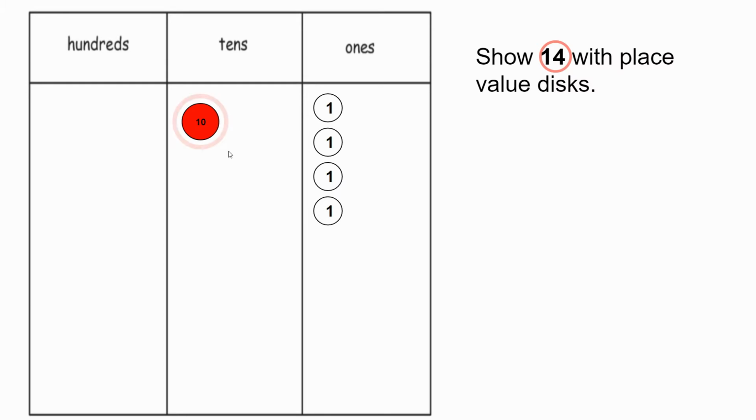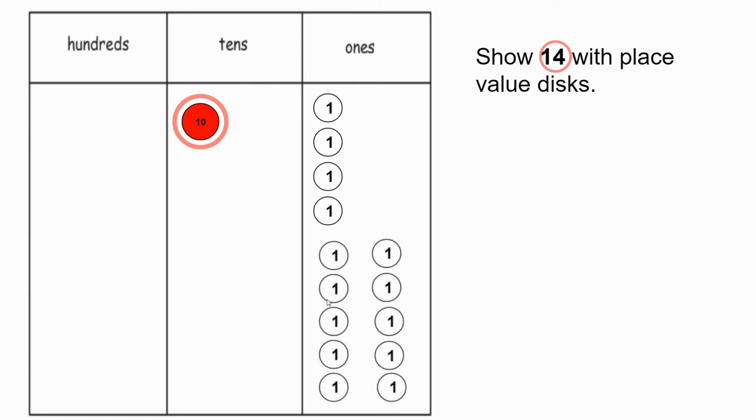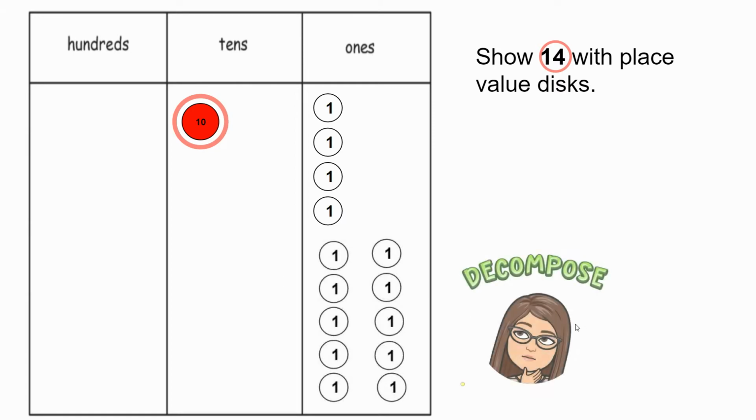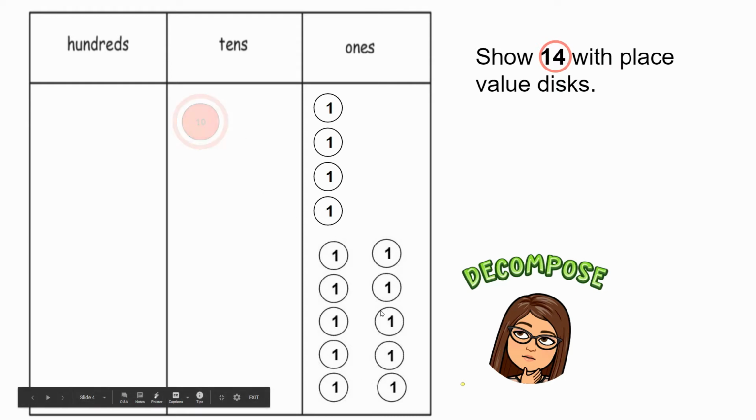Now, let's take this 10 and break it down, or decompose, into 10 ones. Remember, we can decompose numbers by breaking them back down into individual parts. So, if we decompose this 10 into ones, we now have 14 ones. We still have the 4 we had before and 10 more ones that we got from our 10.